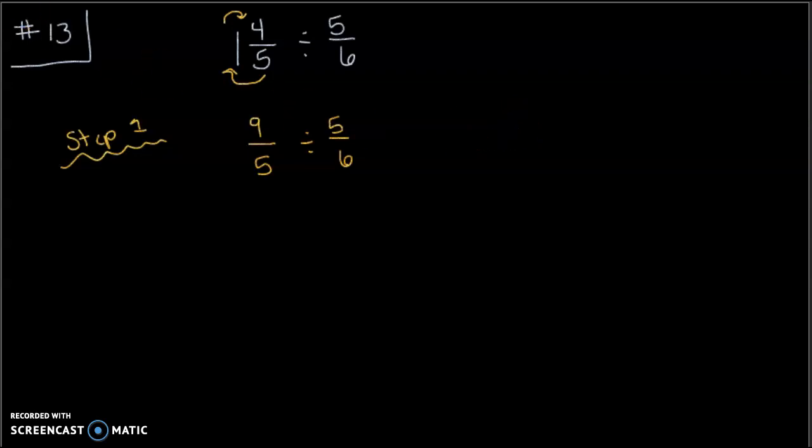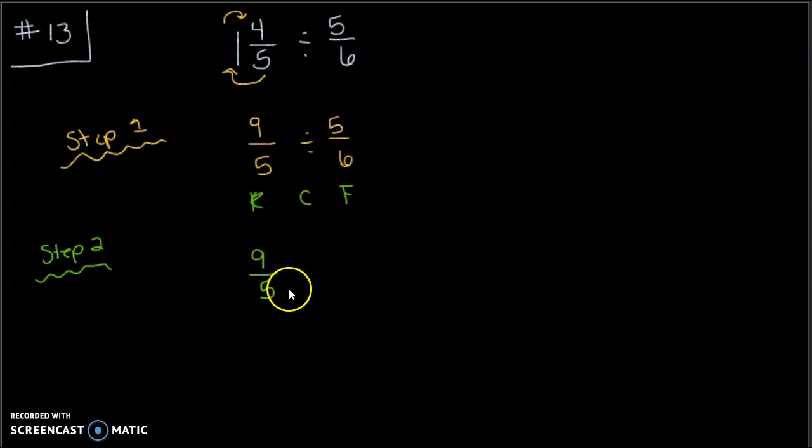To divide fractions, this is that next step, we have to do what's called keep, change, flip. We keep the first fraction, change this to multiplication, and flip, or multiply by the reciprocal is technically what it's called. So we're going to keep this first fraction, which is 9 over 5.